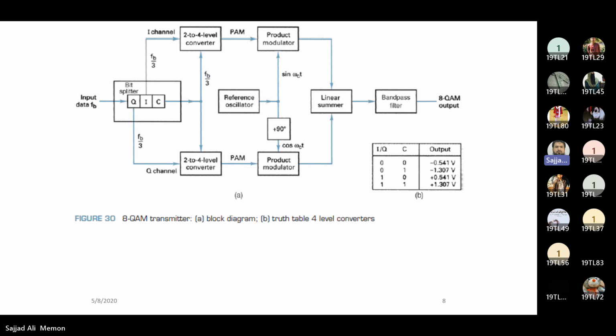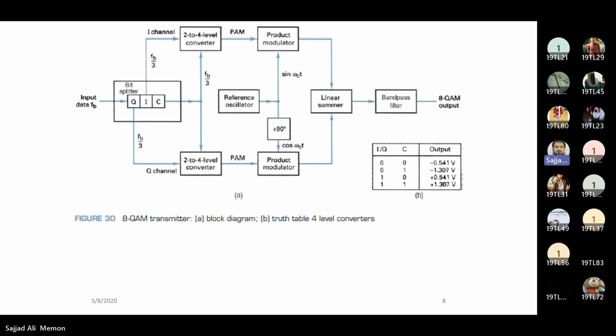So if I is equal to 0 and C is also equal to 0, then the output will be minus 0.541, and that will be multiplied with sine omega ct. On the other side, if Q is 0 and C is 0, then again it is minus 0.541, but that will be multiplied with the quadrature component, that is cos omega ct.